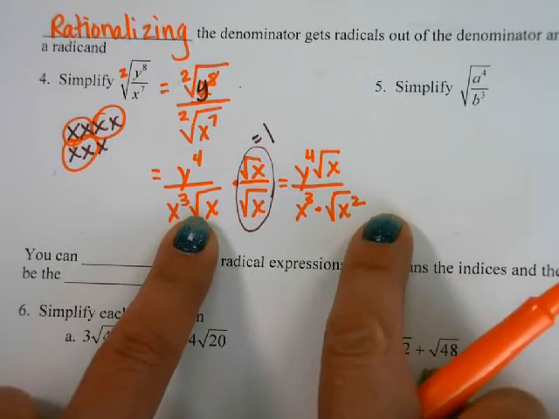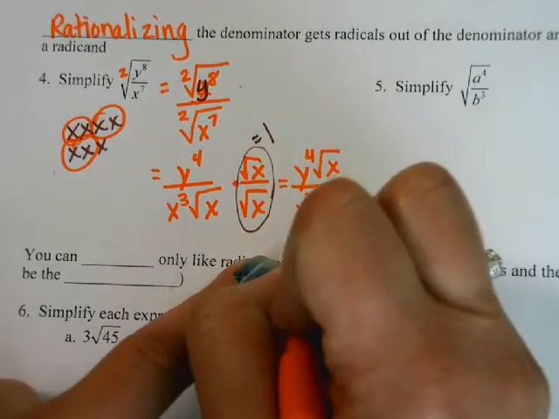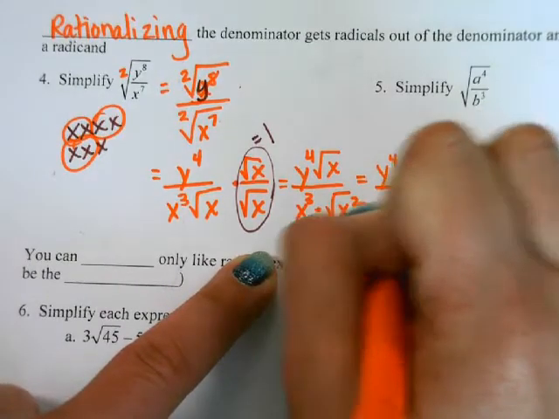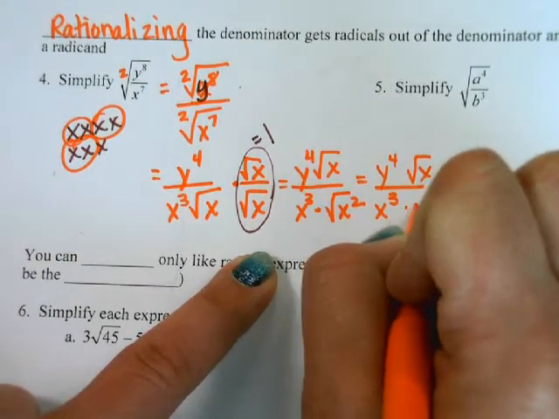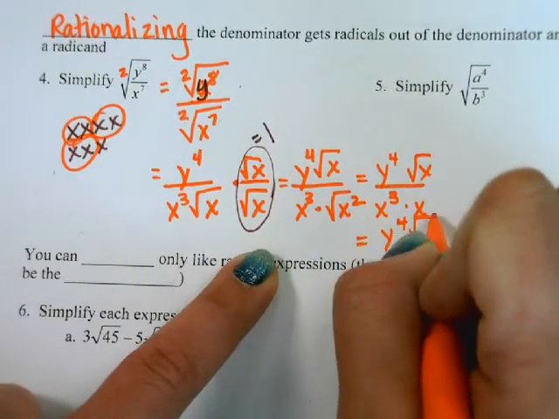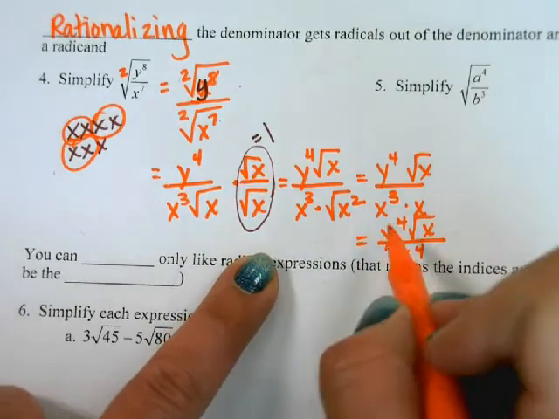Well, what's the square root of x squared? X. All right, so this guy is y to the 4th square root of x over x cubed times x. And x cubed times x becomes x to the 4th.